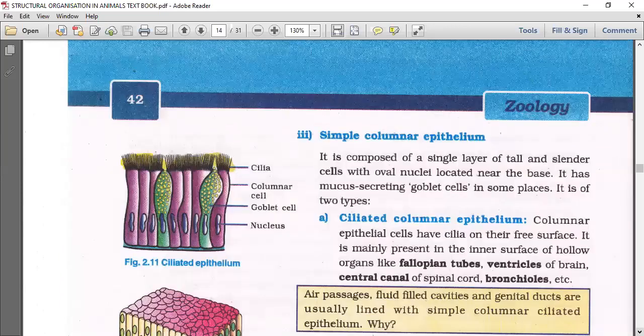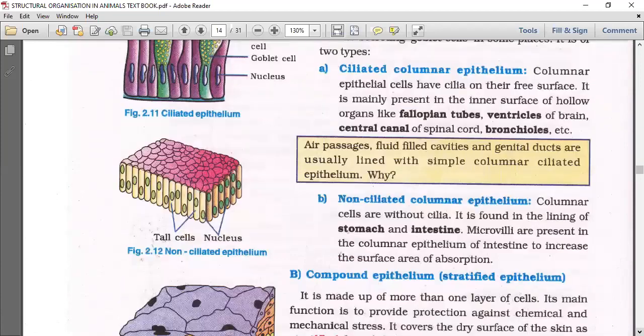Then columnar cells: a single layer of tall and slender cells with oval nuclei located near the base. Some have mucus-secreting goblet cells. Next, ciliated columnar: the free surface of the cells contains cilia. Non-ciliated columnar: the free surface is without cilia.